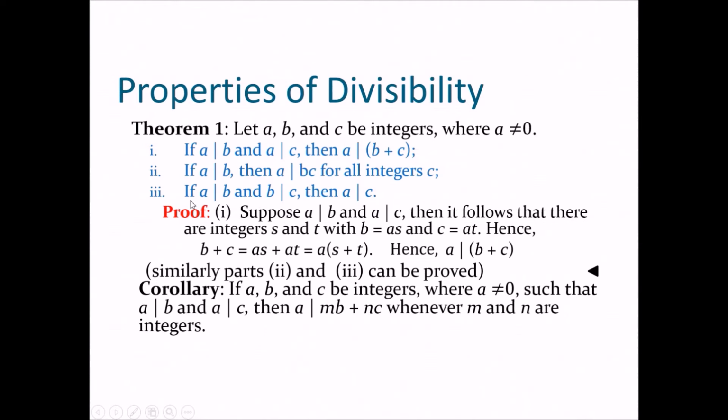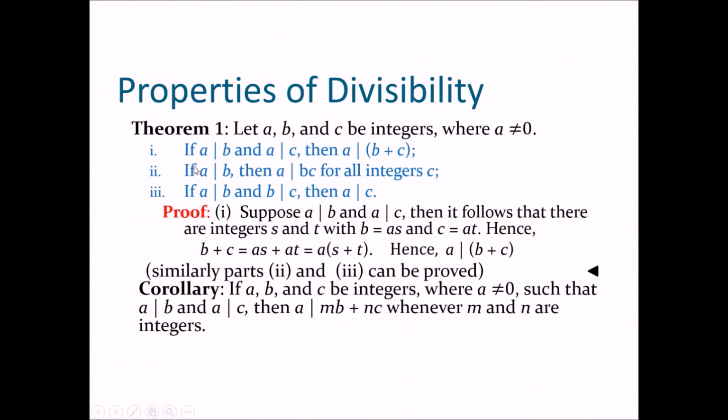Property number 3: if a divides b and b divides c, then a divides c. This is the transitive property of relations, and we have already discussed it in the chapter on relations, and we proved this as well.